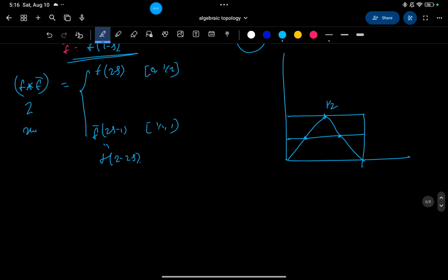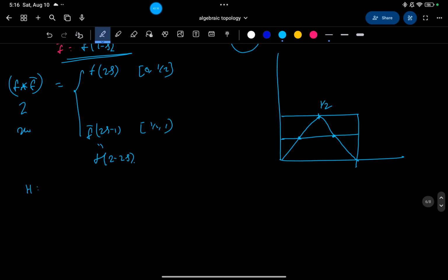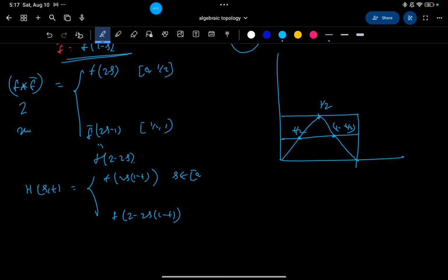So here the homotopy h of s comma t will work like this. This is t by 2, and this is 1 minus t by 2. So h is nothing but f of 2s into 1 minus t, and f of 2 minus 2s into 1 minus t, for half to 1.